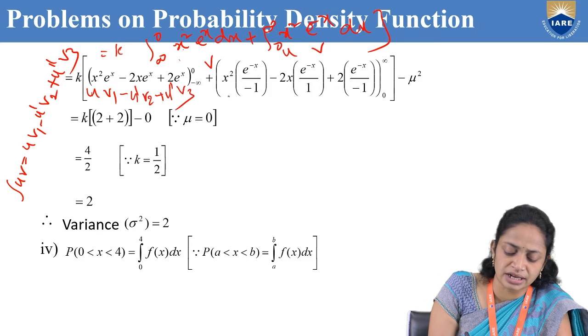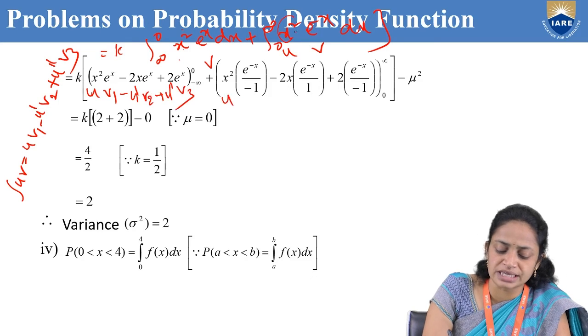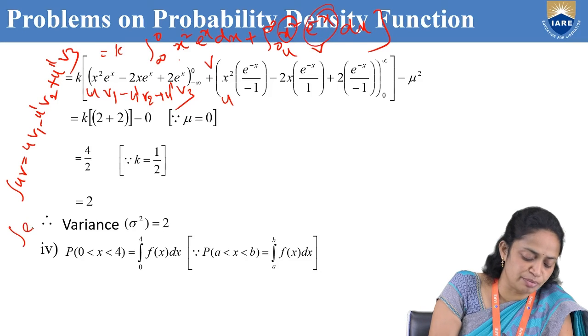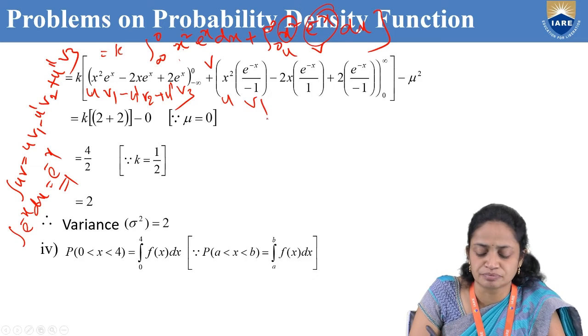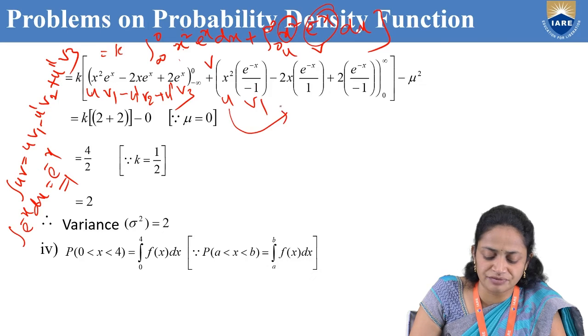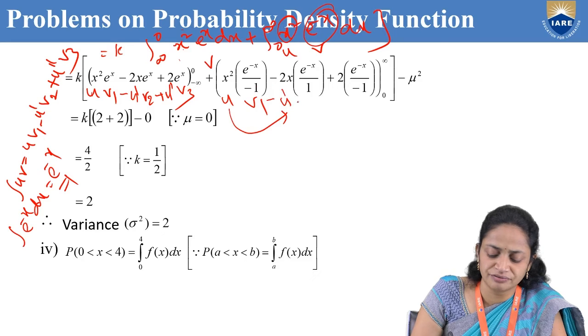Okay, so like that here also same, u is x square, v1 e power minus x, integration of e power minus x dx is e power minus x by minus 1. So v1, so this is first integration, minus second differentiation. So that is minus u dash v2.